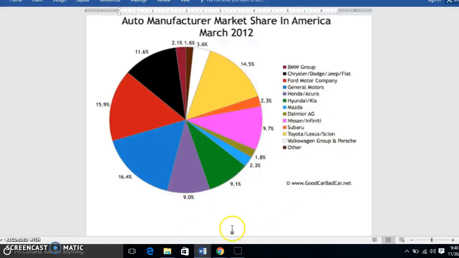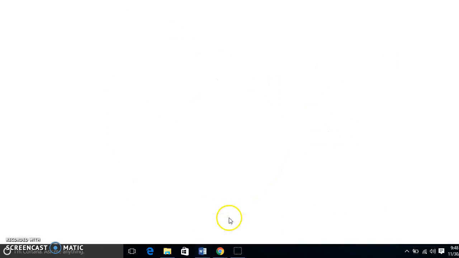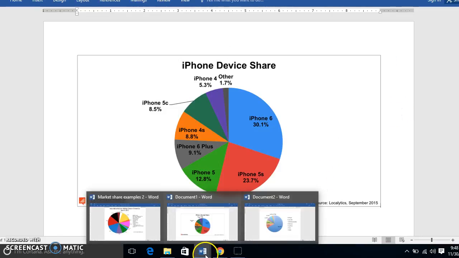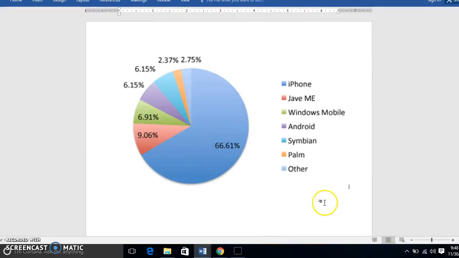I also wanted to take a look at telephone devices, which I know that everyone here can relate to. And if you look at, let me show this one first. If you look at this market share of telephone devices, you can see that of all of the telephones in the United States currently, 66.61% are iPhones.